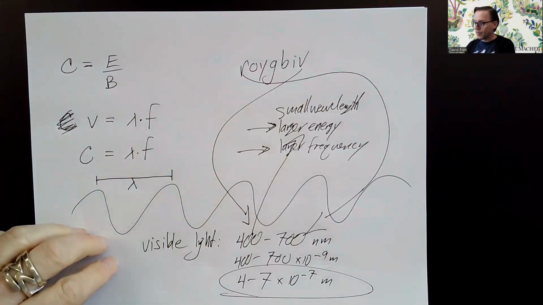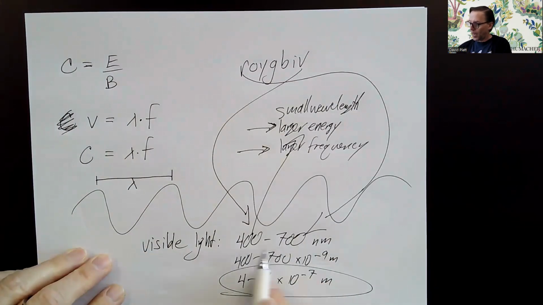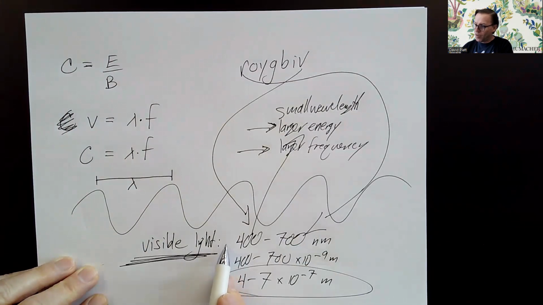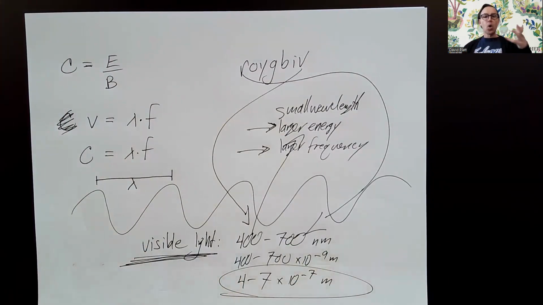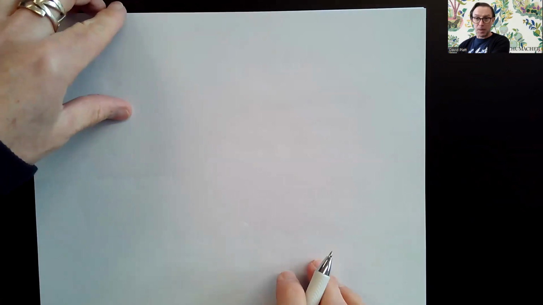In fact, this list is called visible light, but there's stuff on the other end, smaller wavelength than 400, and there's stuff over here, larger wavelength than 700. And that whole collection of light is called the electromagnetic spectrum.